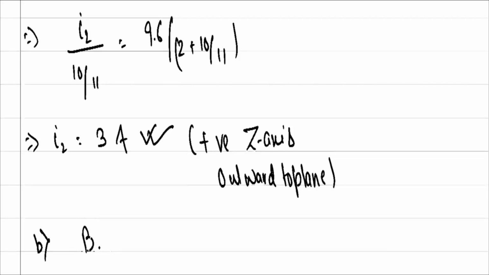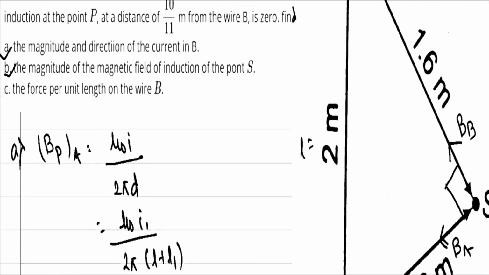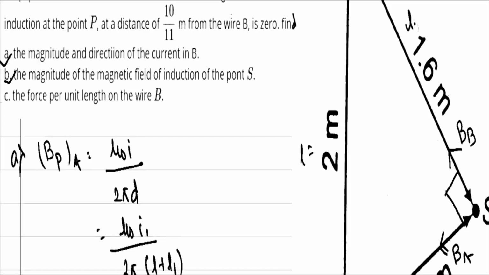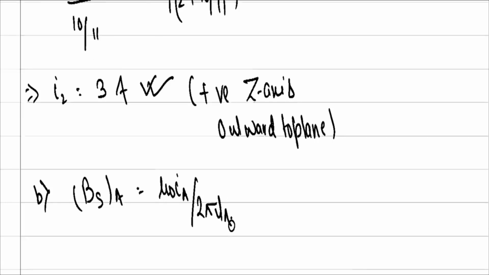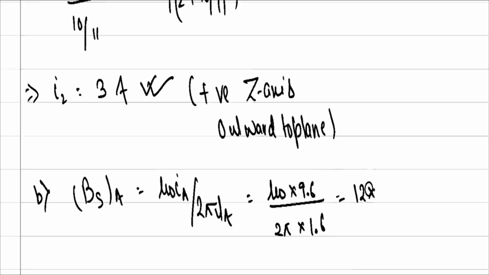The magnetic field at S due to A is mu naught IA divided by 2 pi LA. Let us assume LA is 1.6. Putting the values, mu naught times 9.6 ampere divided by 2 pi times 1.6, you will get 12 into 10 to the power minus 7 Tesla.